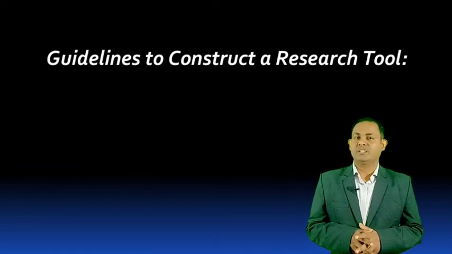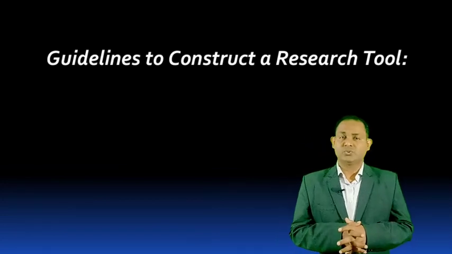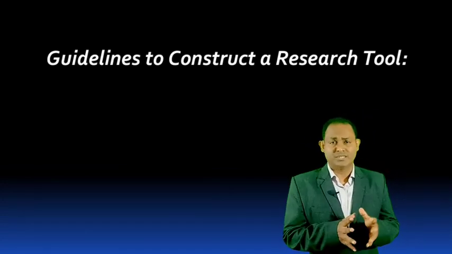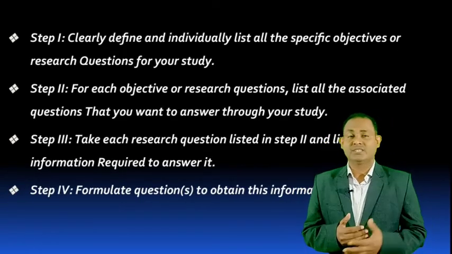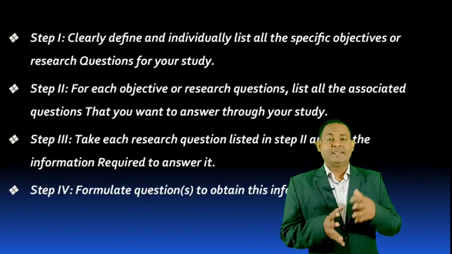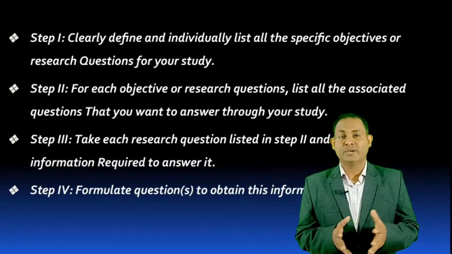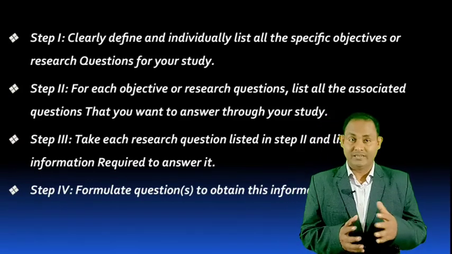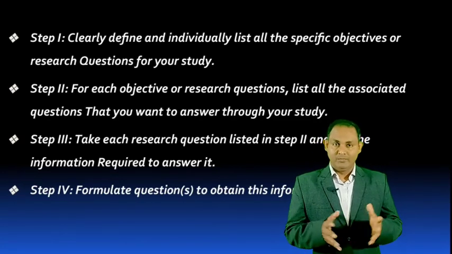Step two, for each objective or research question, list all the associated questions that you want to answer through your study. Step three, take each research question listed in step two and list the information required to answer it. Step four, formulate the questions to be asked to obtain this information. It is very relevant and very important.